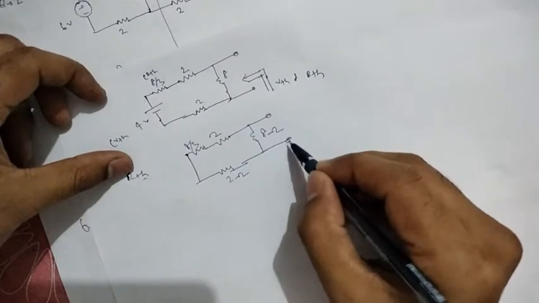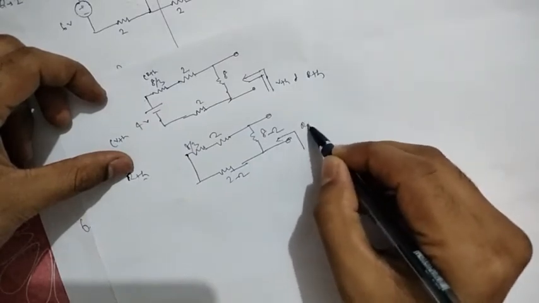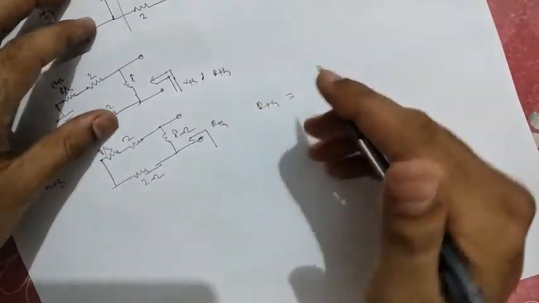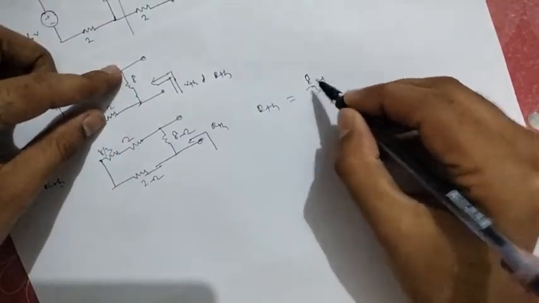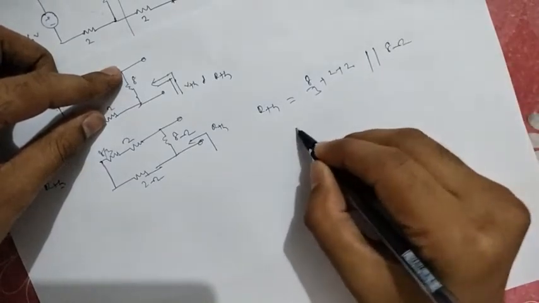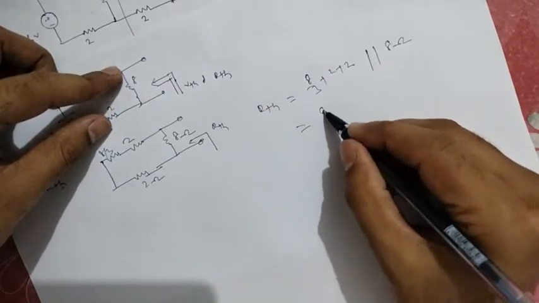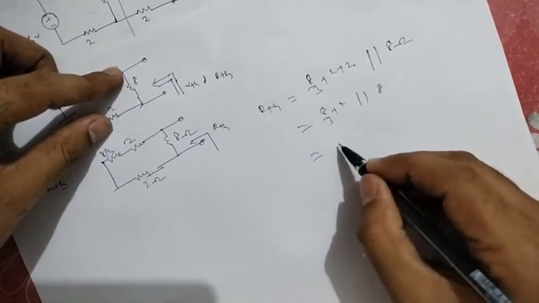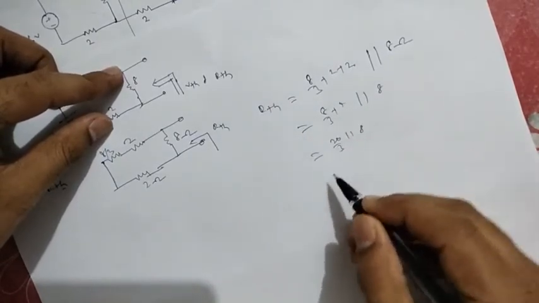Now the RThevenin is nothing but 8 by 3 plus 2 plus 2, parallel 8 ohm. If I calculate, 8 by 3 plus 4 is 20 by 3, parallel 8.